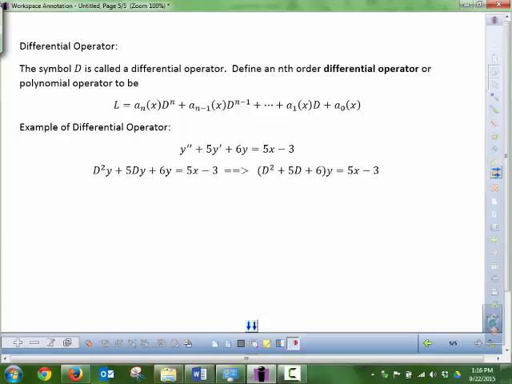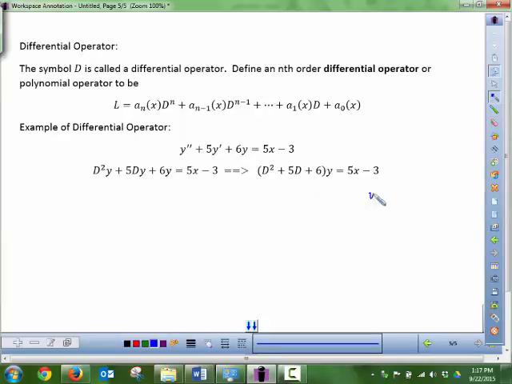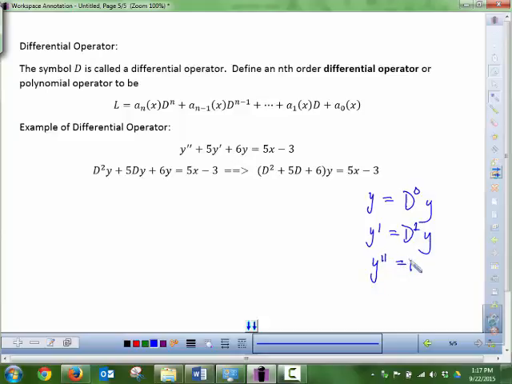Whenever we have the first derivative, we'll call that D. And whenever we're looking at the original function, think of it as the zeroth derivative, we'll just call it 1, or D to the 0. So think of y as D to the 0 of y. Think of y prime as D to the first power of y. Think of y double prime as D squared of y.